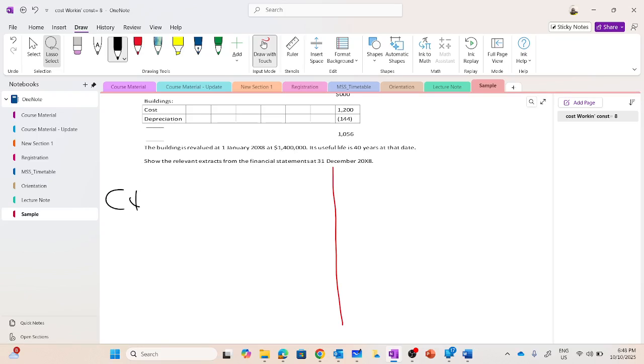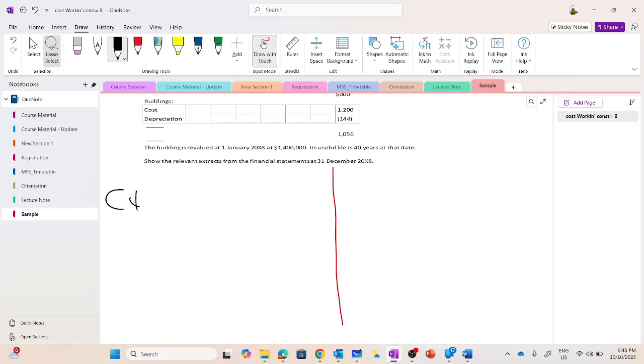So the revalued amount equals 1,400. So it means the carrying value of the asset is 1056 and the revalued amount is 1,400. So the revalued amount is more than the carrying value.